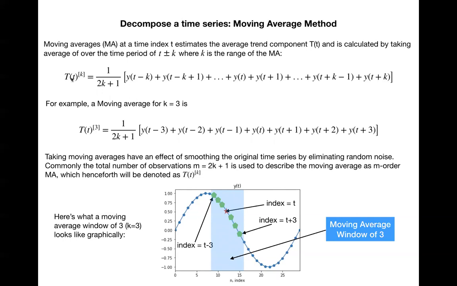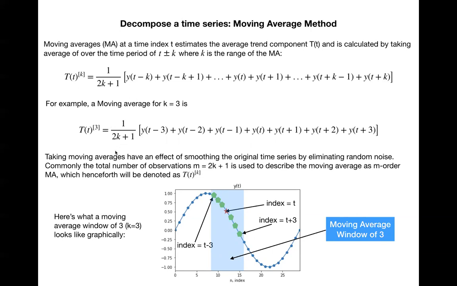For example, at a given time T, I want to calculate the average from T minus K to T plus K and divide by the number of cells. For example, if K equals 3, the averaging window is 3, so it will be T plus 3, add all these together down to T minus 3, and divide by 7.